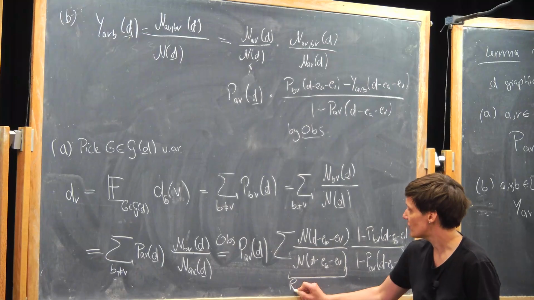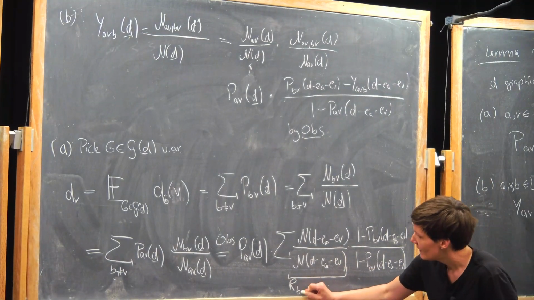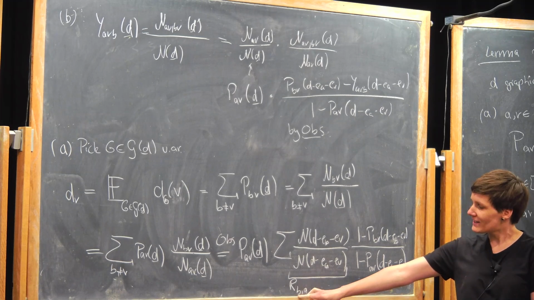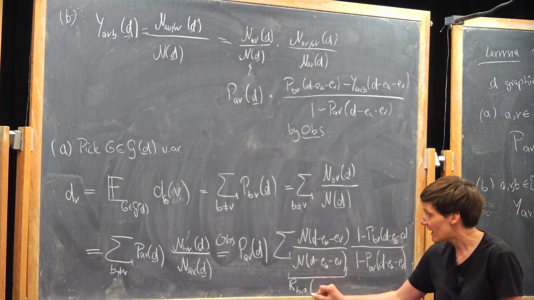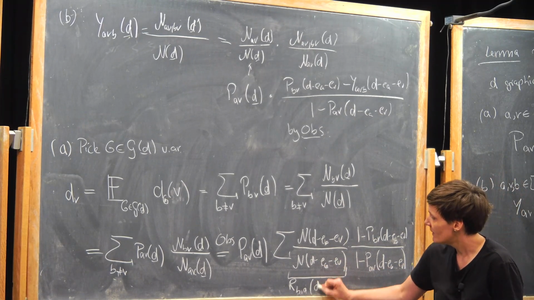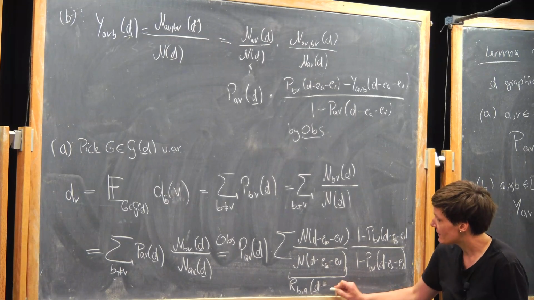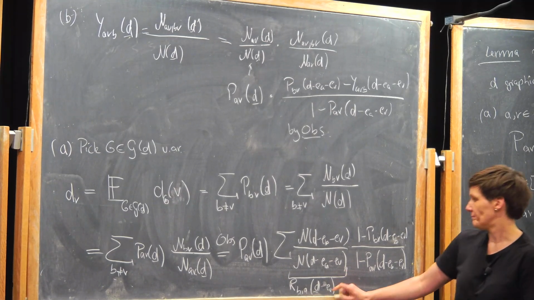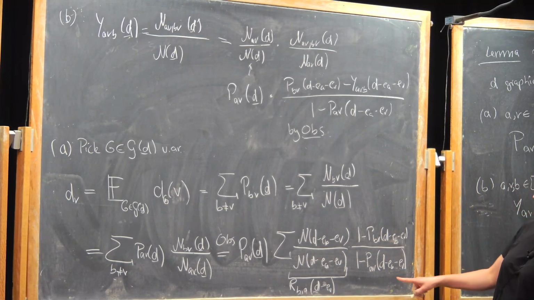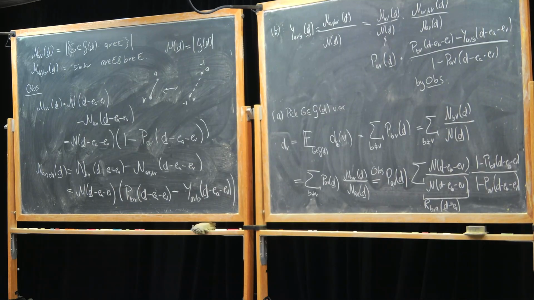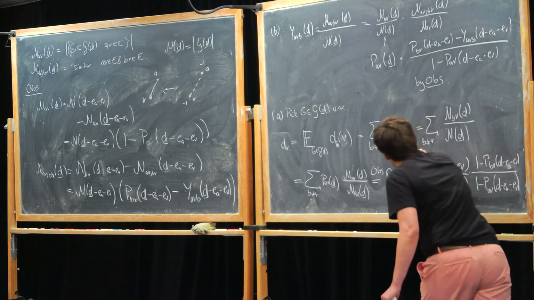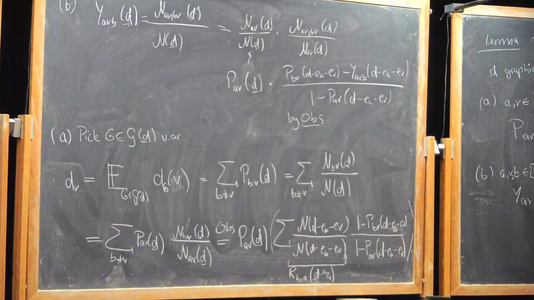So that's a ratio, and if you make sure you get the indices right, it's BA of the degree sequence minus EV, and that is just the same thing. So that's exactly what's written here. I have this sum, it's exactly what's written here.